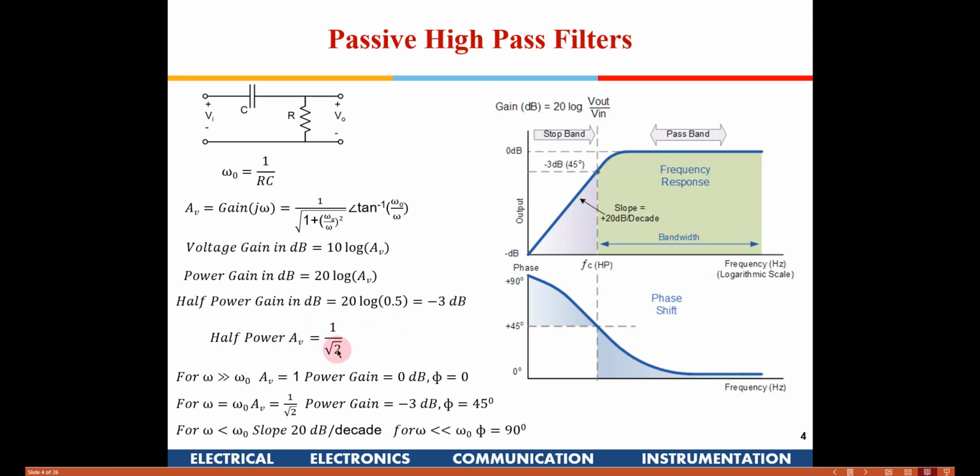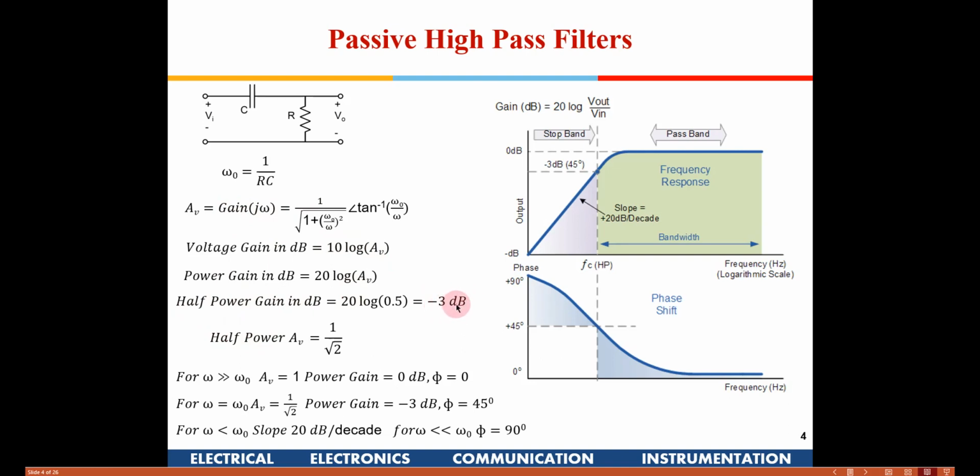Is it clear, Aditya, or can I repeat this, Gagan? Yes sir, yes sir. Okay, so voltage gain essentially is 10 log AV in dBs, and power gain is 20 log AV, where AV stands for V out divided by V in. Half power gain means the minus 3 dB point.